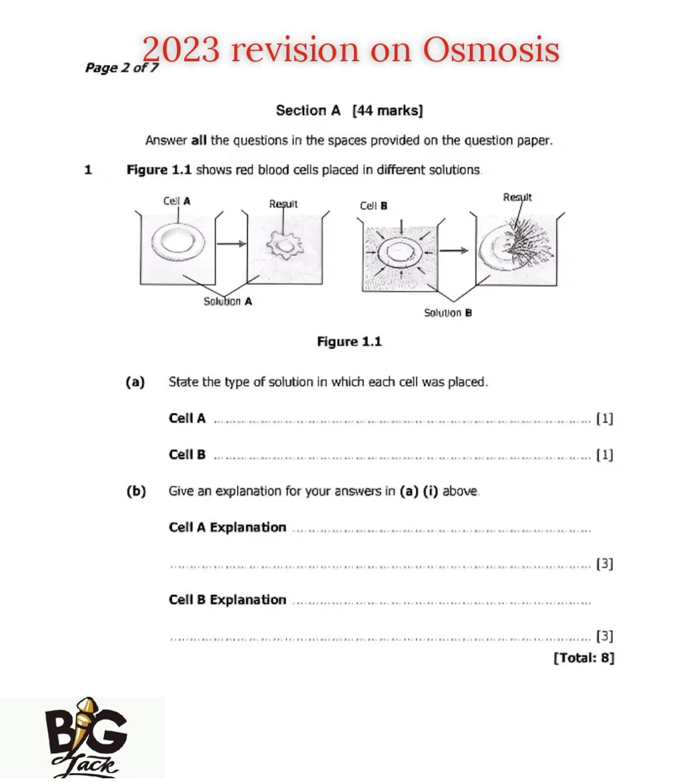A cell can be exposed to three types of solutions. Specifically, we are talking about a red blood cell, which is an animal cell. The first one is the hypertonic solution. Hyper means high or higher. A hypertonic solution is a solution whose concentration is higher than that of the inside of a living cell.